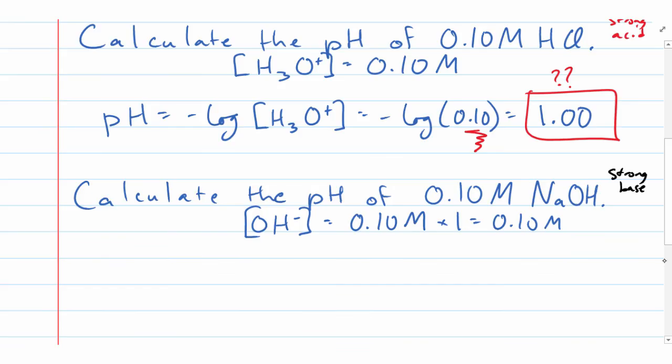Well, now we have the hydroxide ion concentration, which means we still can't find the pH, but we can find the pOH.